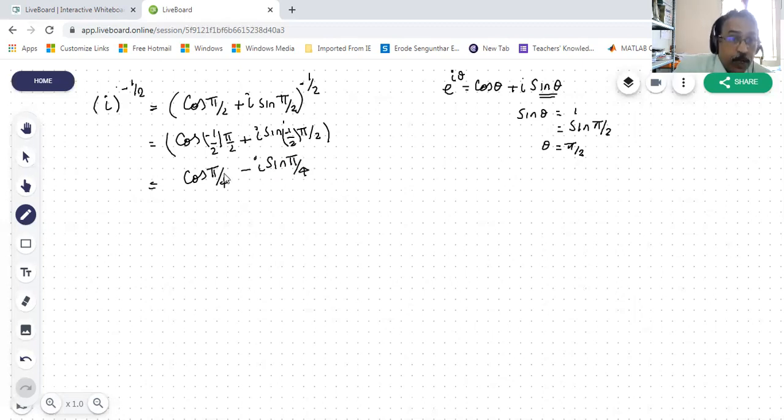Cos pi by 4 is cos 45, 1 by root 2, minus I into 1 by root 2, which is equal to 1 minus I by root 2, which is the answer.